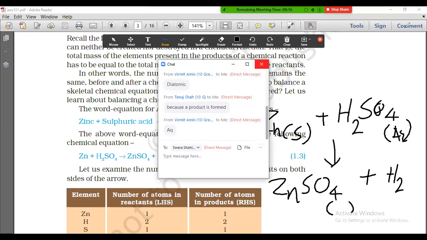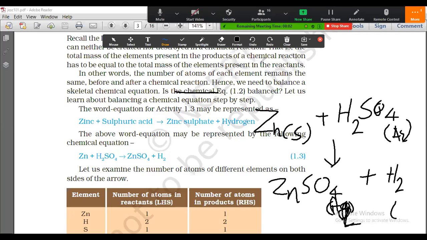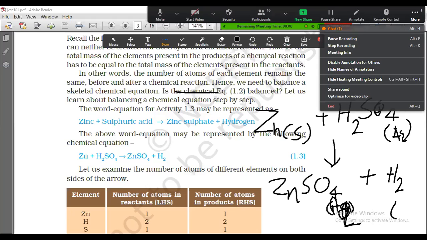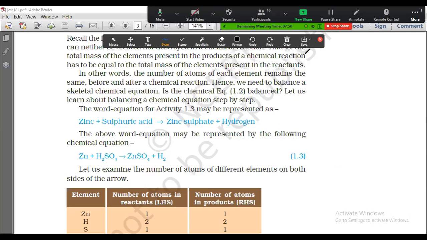Very good. Zinc sulfate will be in the aqueous form. It is dissolved in the water. Sorry, aqueous, not Ag. My bad. And hydrogen will be in the form of gas. Very good. So small g in the bracket. So that will be a properly balanced equation.